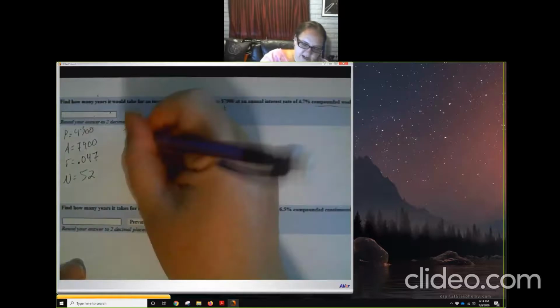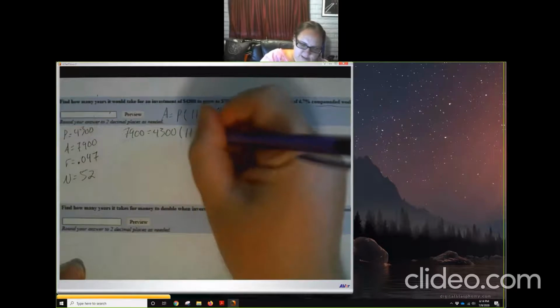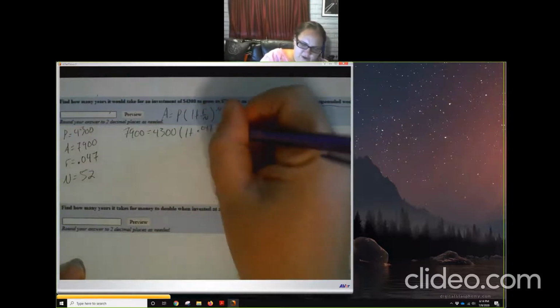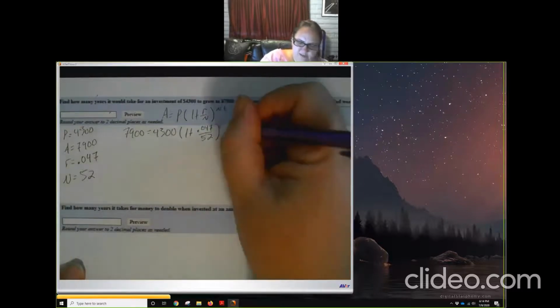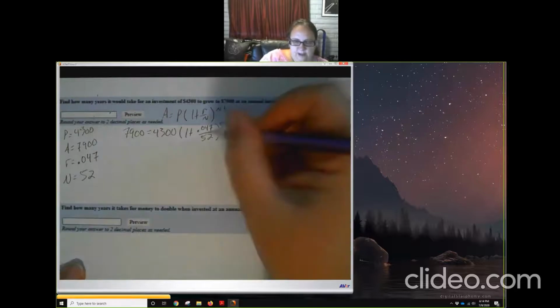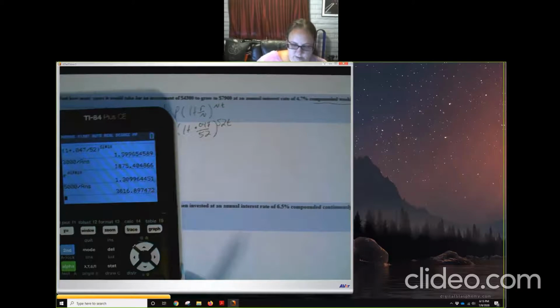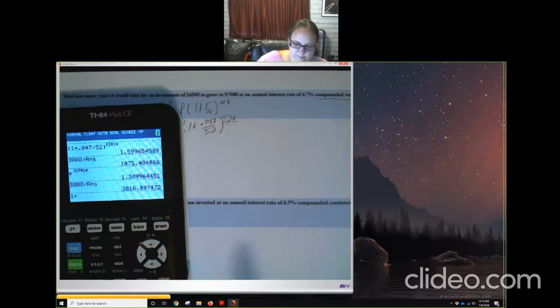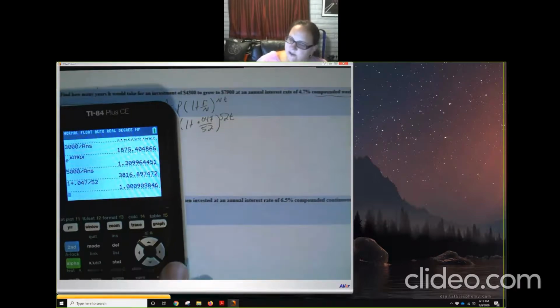So we have 7,900 equals 4,300 times 1 plus 0.047 over 52 to the 52 times T. I'm going to figure out what this is. $1.0009. That was 3 zeros.